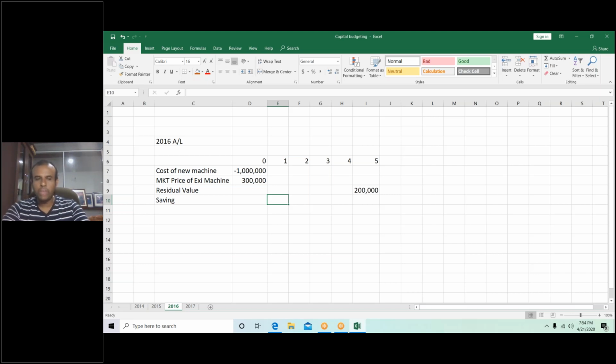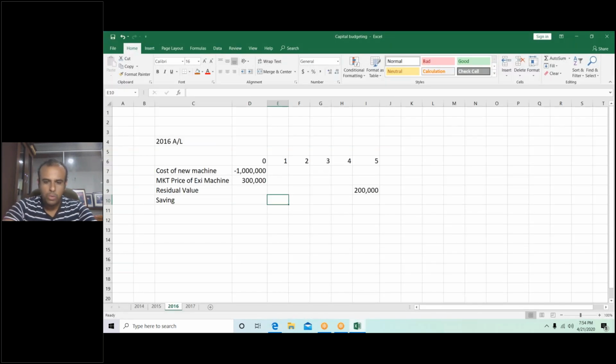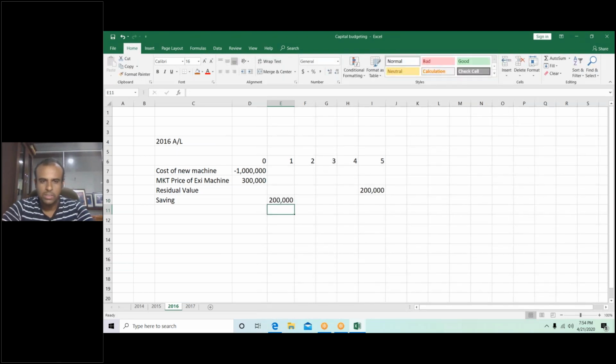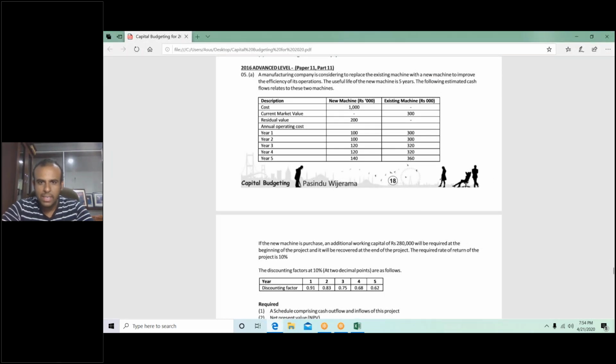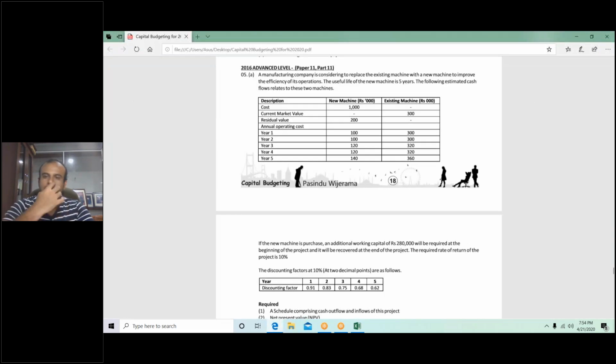The only benefit you get from this machine is the cost saving. The cost saving in the first year is rupees 200,000, which is a benefit. In the second year, also 200,000. In the third year, 320 minus 120, that is also 200,000.